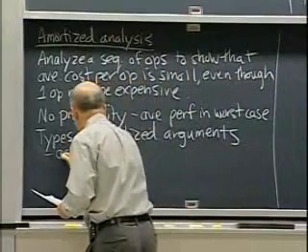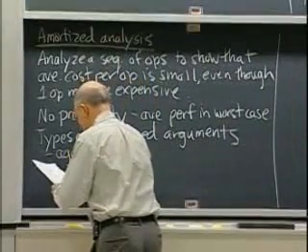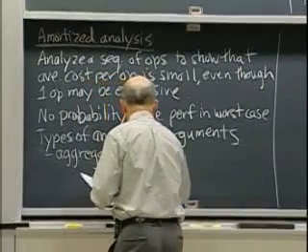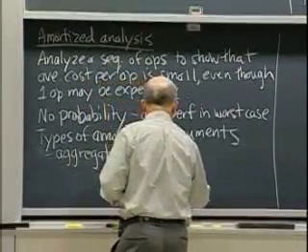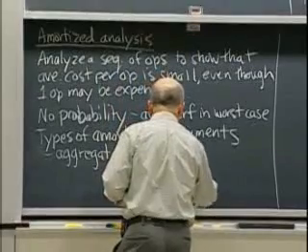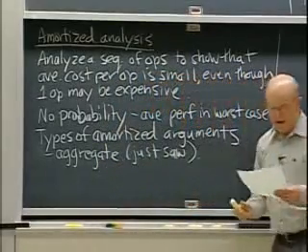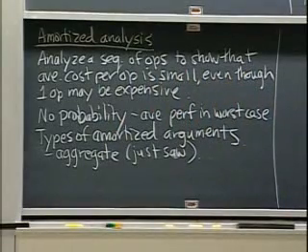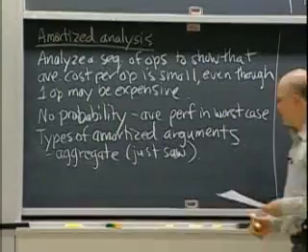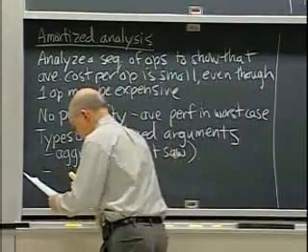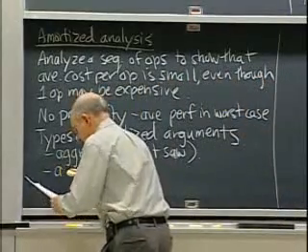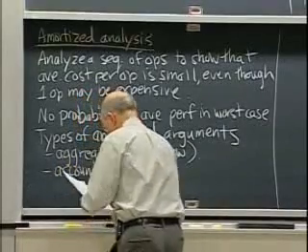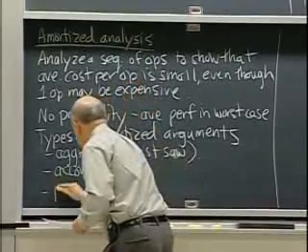The first one is what's called an aggregate analysis, and this is what we just saw, where you just analyze what the n operations take. And then we're going to see 2 more today. One is called an accounting argument, and the other is a potential argument.